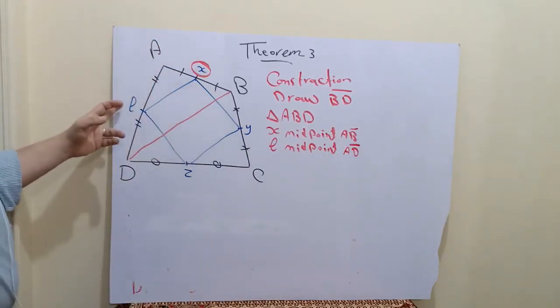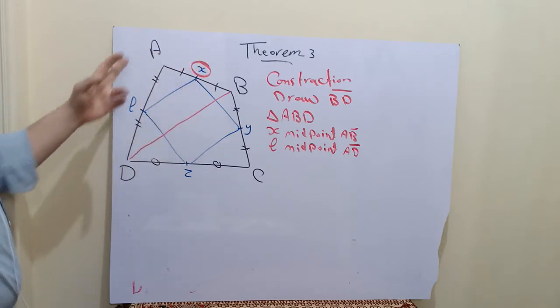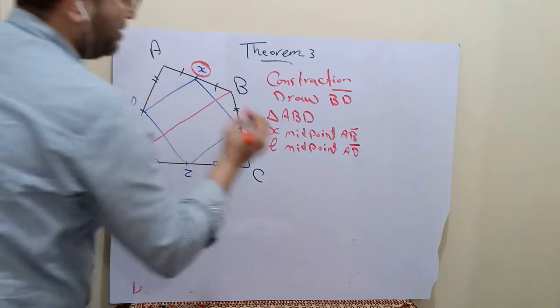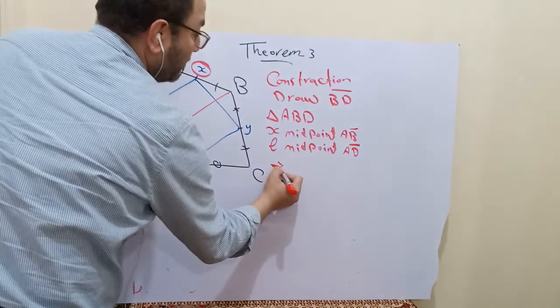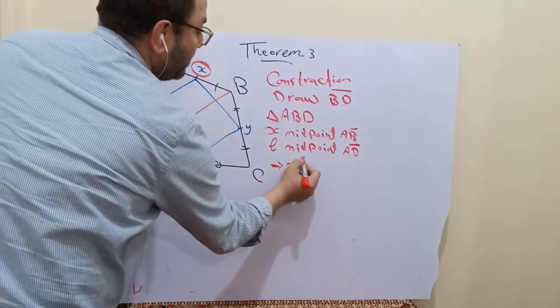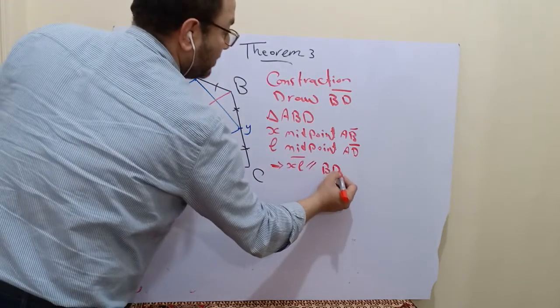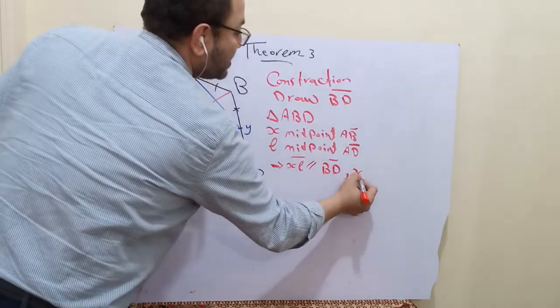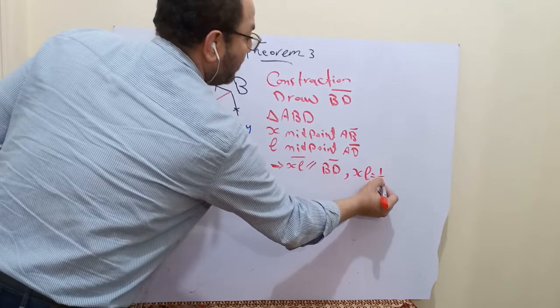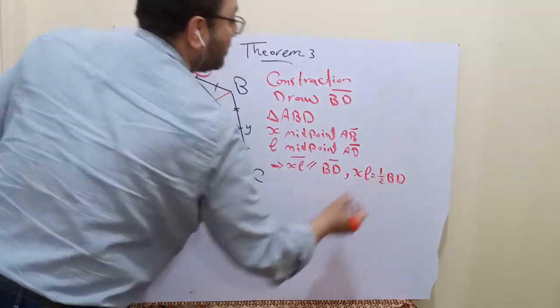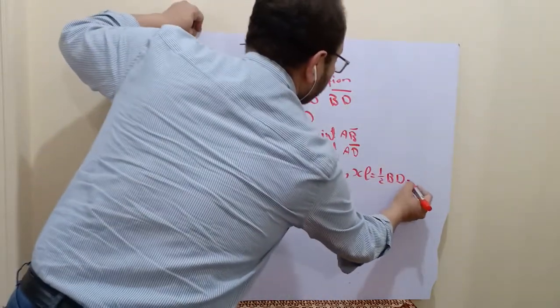Midpoint and the midpoint, the line segment joining between the 2 midpoints, then number 1, XL parallel to BD, comma, XL equal half BD. That's the first relation.